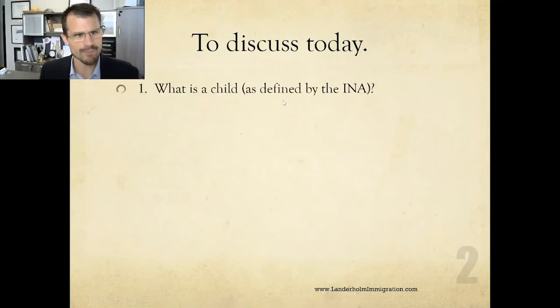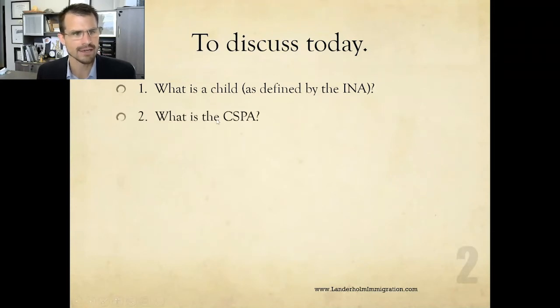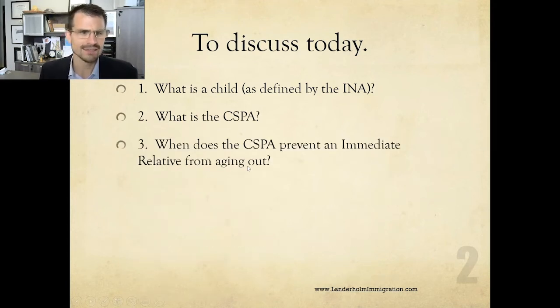So my topics to discuss are, first of all, what is a child as defined by the Immigration and Nationality Act? What is the Child Status Protection Act, the CSPA? When does the Child Status Protection Act prevent an immediate relative from aging out?